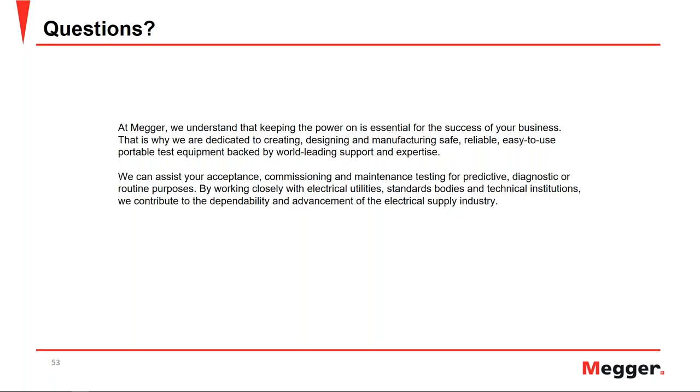One thing to highlight here is that the older the transformer, and the more deteriorated it is because of the operating conditions, the more difference there is going to be compared to the tables.